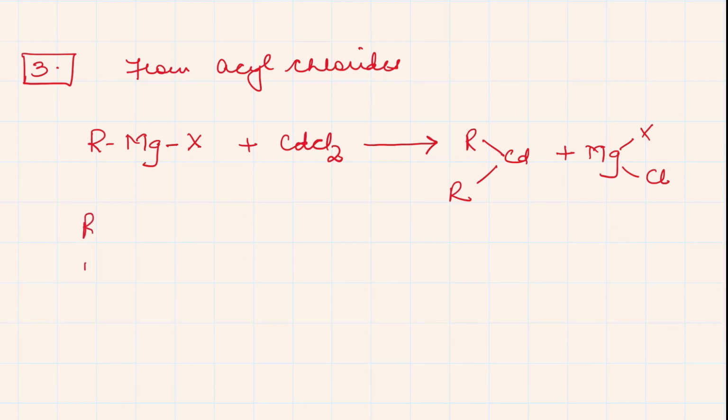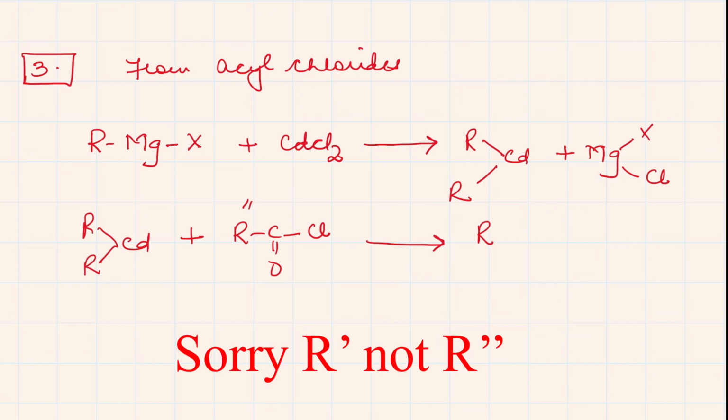This dialkyl cadmium reacts with RCOCl to give you, let's take it as R double dash, just to distinguish between the alkyl groups, R dash CO R, right, and you get CdCl2.